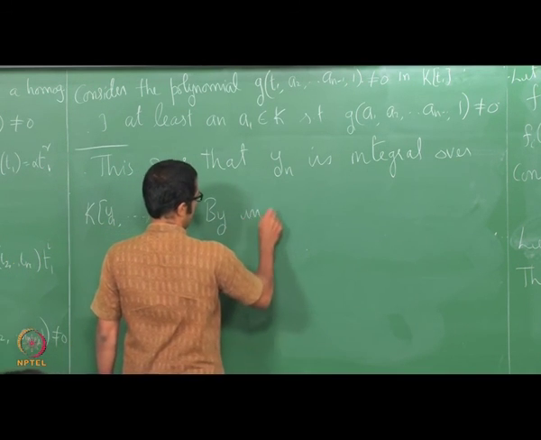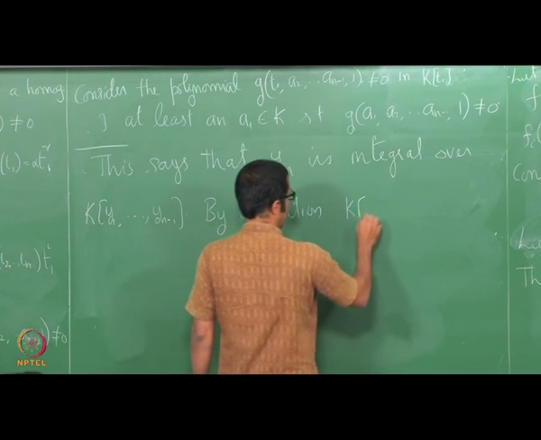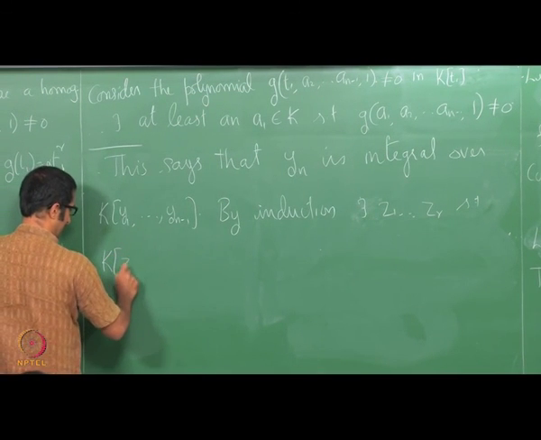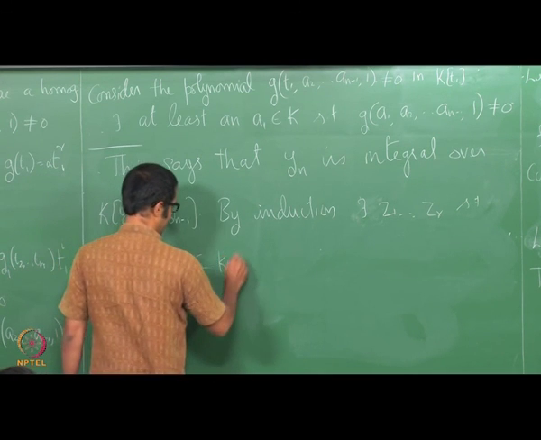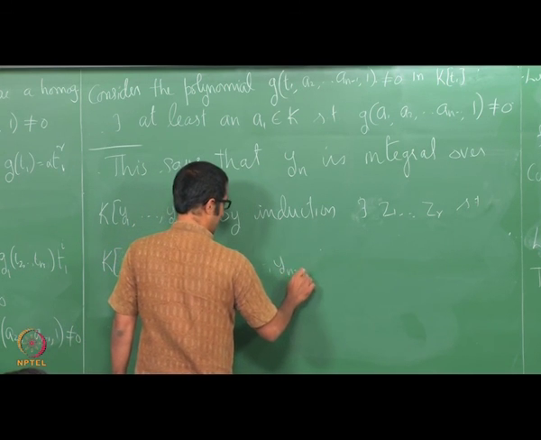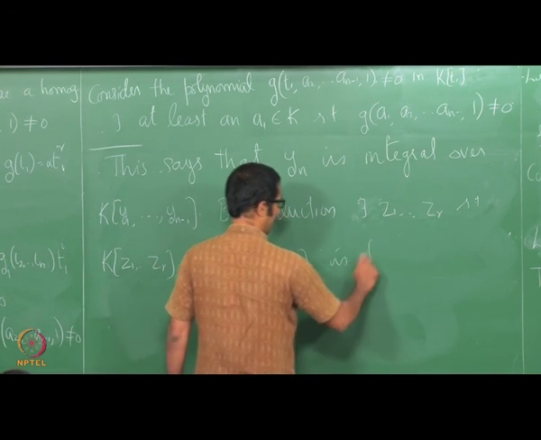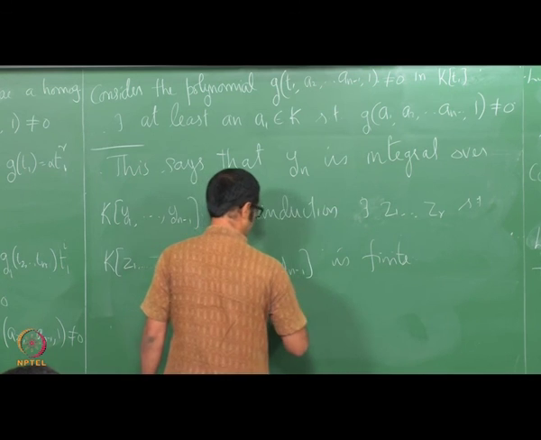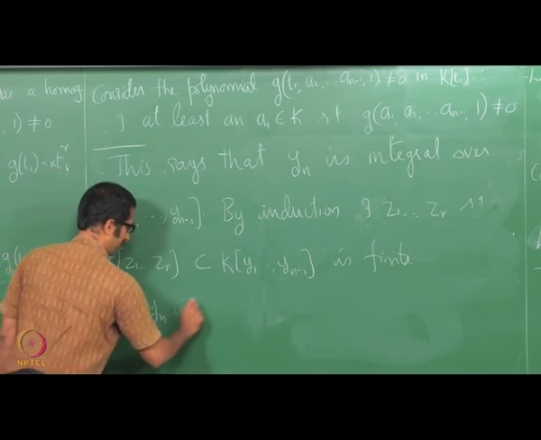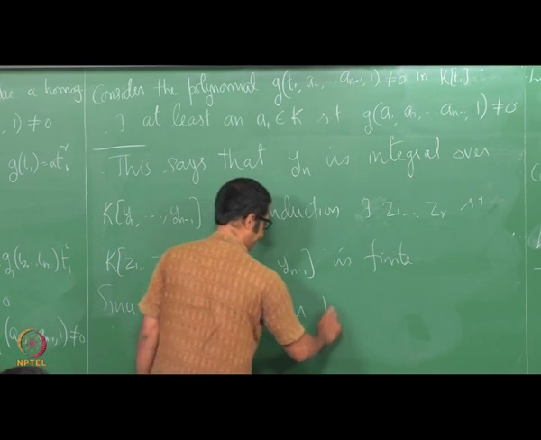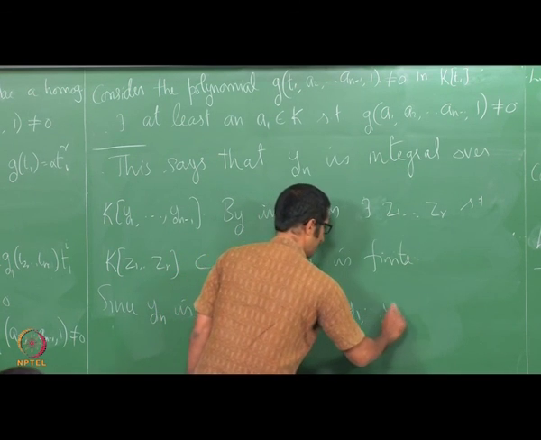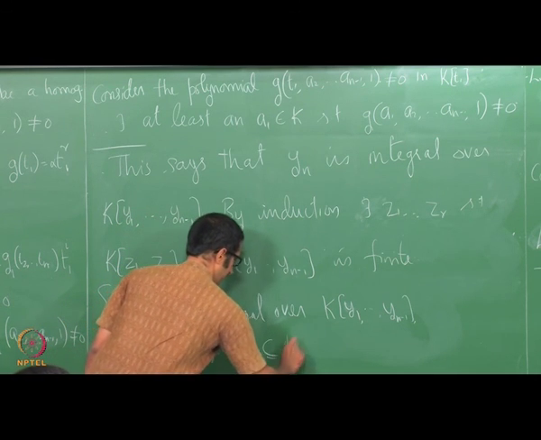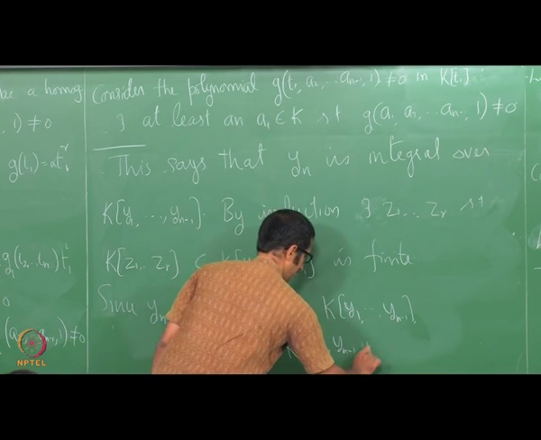By induction, there exist z1 up to zr such that k[y1, up to yn minus 1] is finite over k[z1, up to zr]. And since yn is integral over k[y1, up to yn minus 1], k[y1, up to yn] is also finite over it.